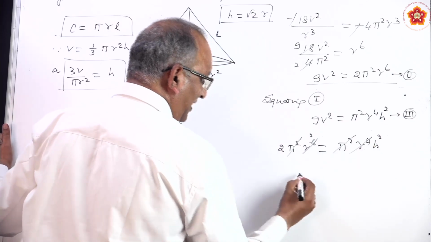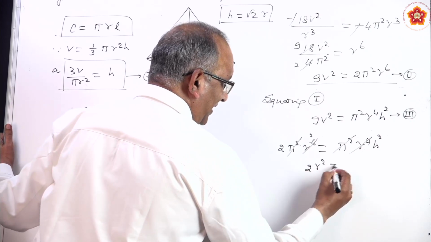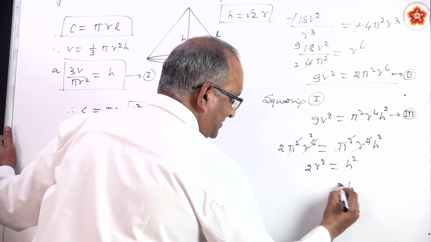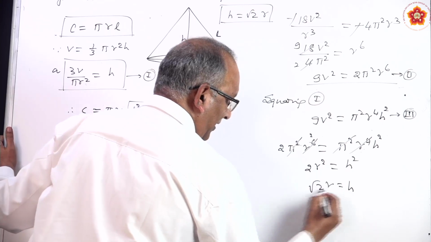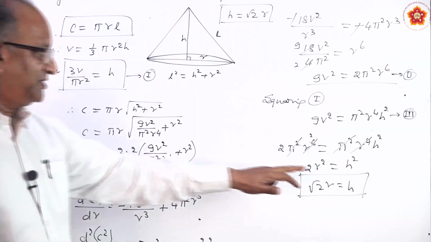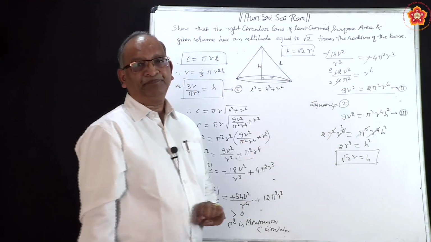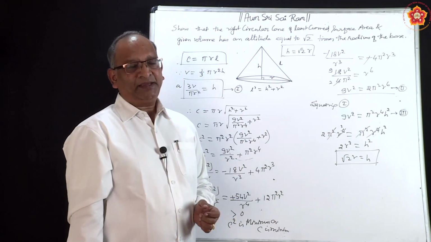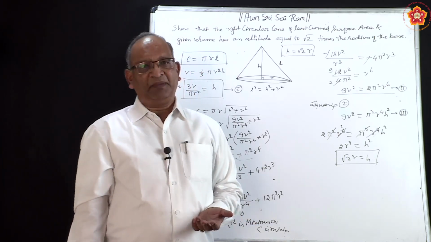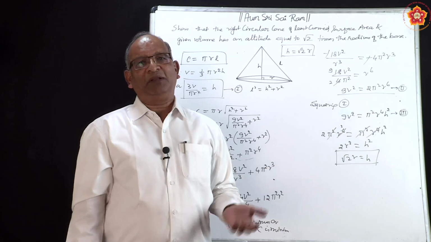It will be left with 2r² is equal to h². So what is h? h is nothing but root 2 r, and this is what he asked us to prove. So h is root 2 r.